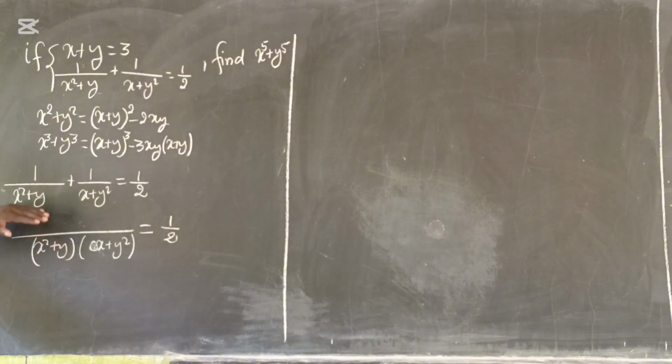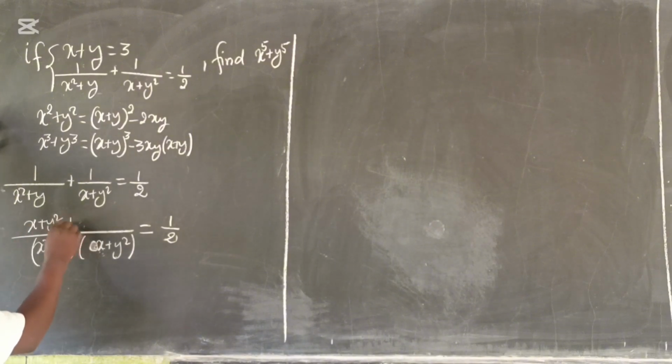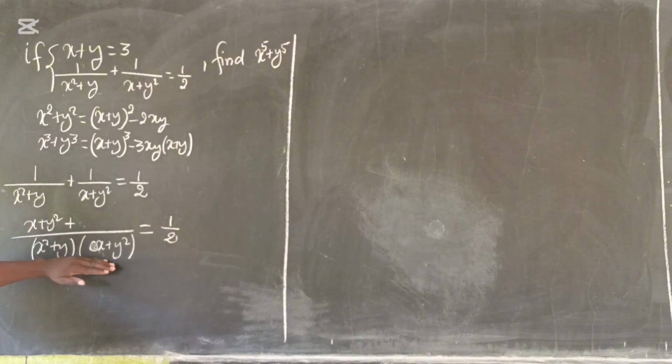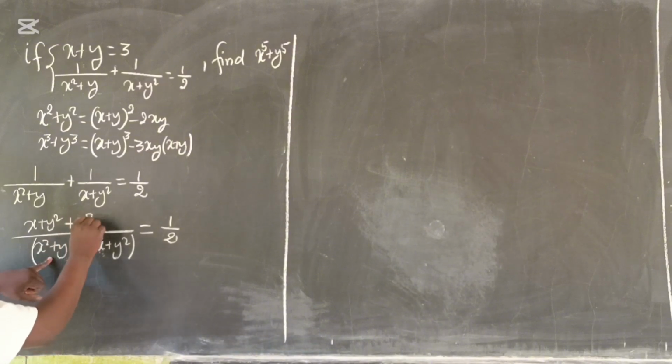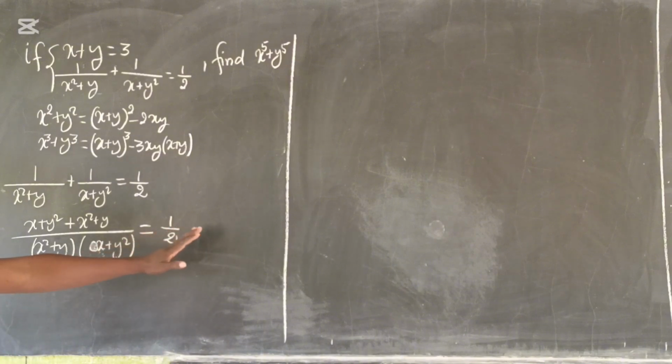Taking this divided by this, we stay with this. This times 1 is x plus y power 2, plus this over this, we stay with x squared plus y, and it's a half.